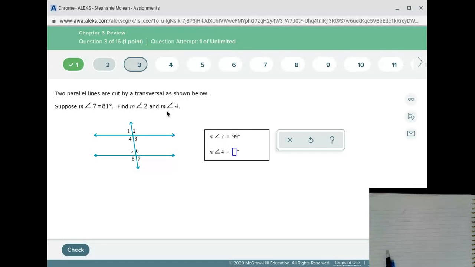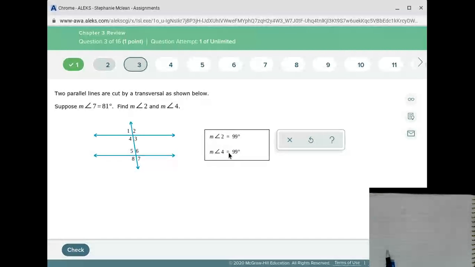Now it says find the measure of angle 4. I found the measure of angle 2, and I need to find the measure of angle 4. If I look at 2 and 4, they are vertical angles. Vertical angles are across from each other when two lines form an X. So 2 and 4 are vertical angles, and vertical angles are congruent.